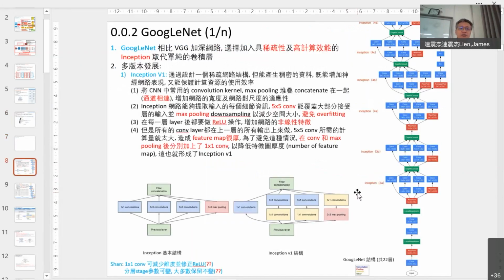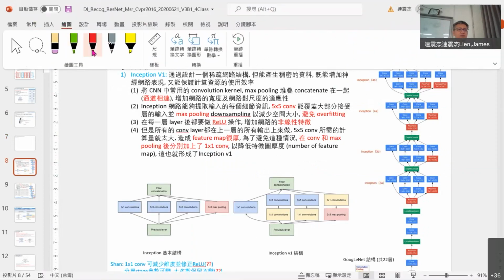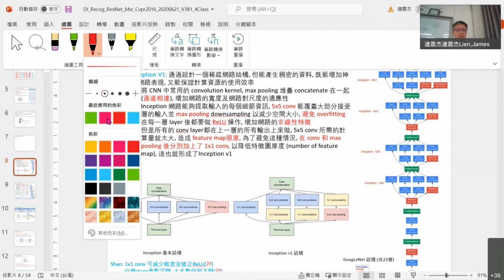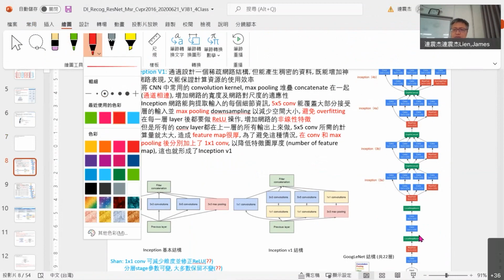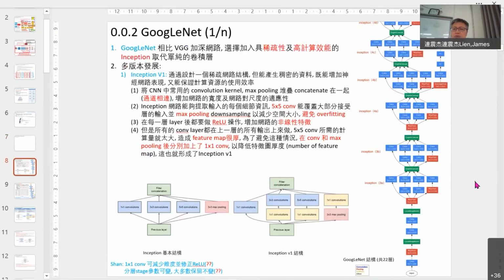Before we talk about ResNet, I talk about GoogleNet. So here is the GoogleNet input, and from here to here is one block.